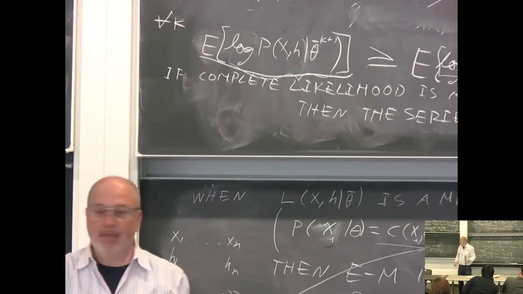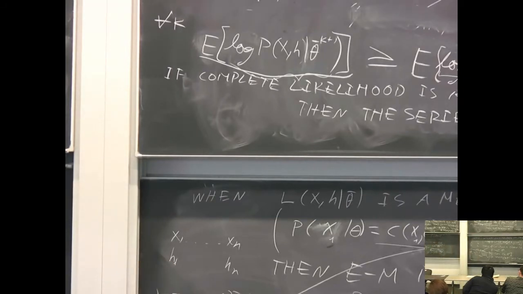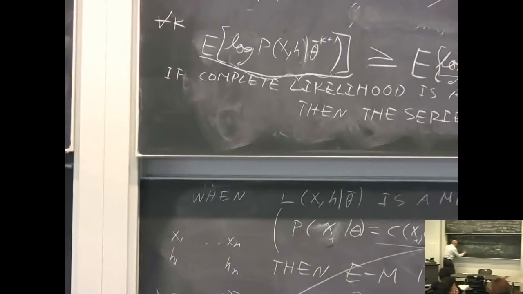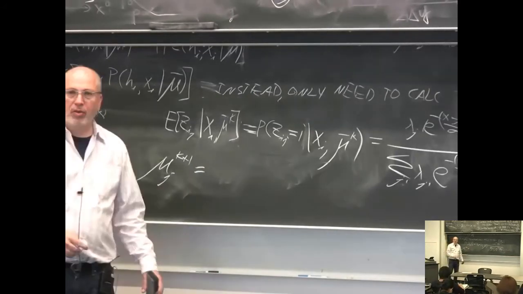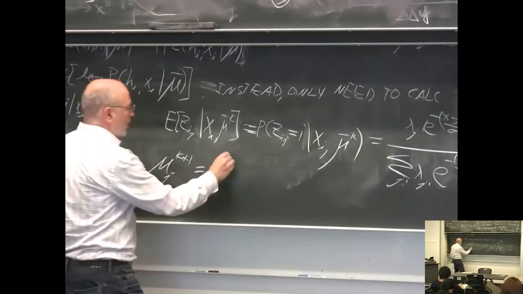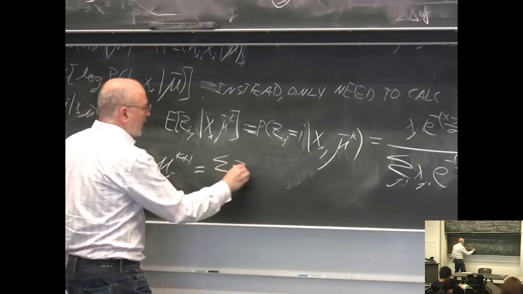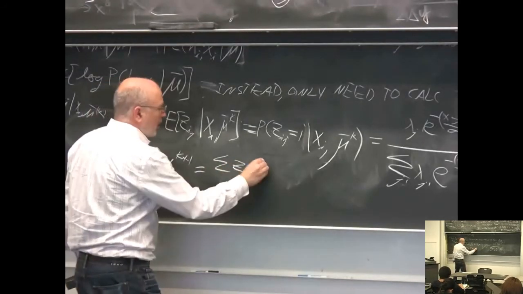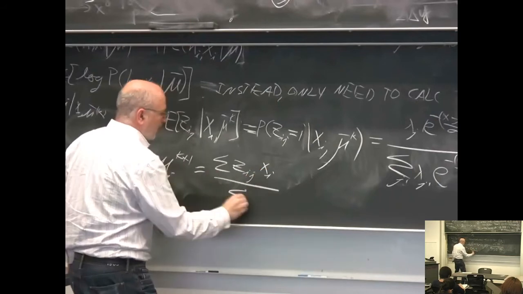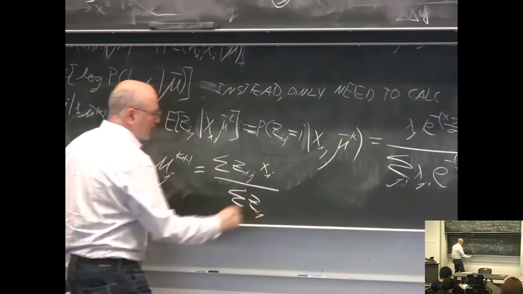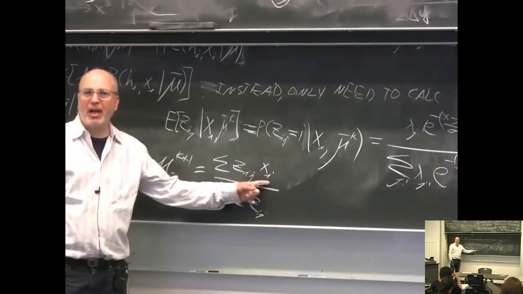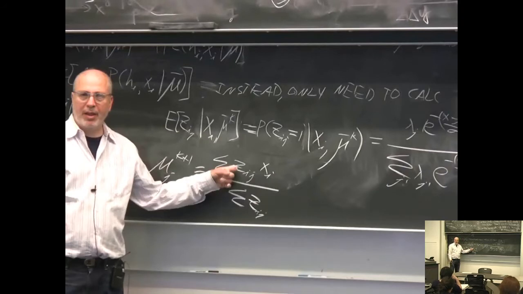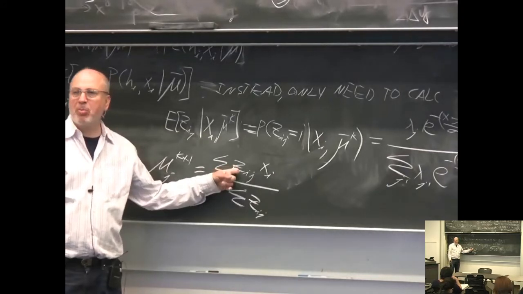So mu j at iteration k plus 1 was defined as the weighted average: the sum of the zij's xi divided by the sum of the zij's. You can think of it as a weighted average of the xi's, weighted by how likely they are to have come from component j.